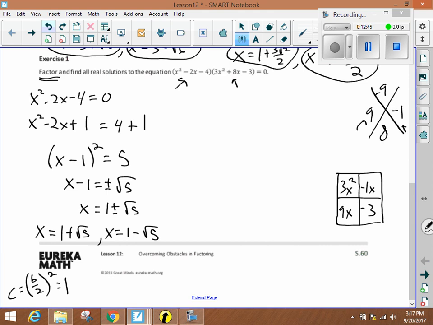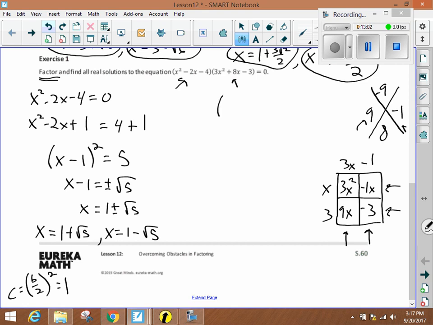I'll find the greatest common factor of my column. Greatest common factor of this column is going to be 3x. The greatest common factor of this column is going to be negative 1. Greatest common factor of this row will be x, and the greatest common factor of this row will be 3. And so there it is, it's factored.